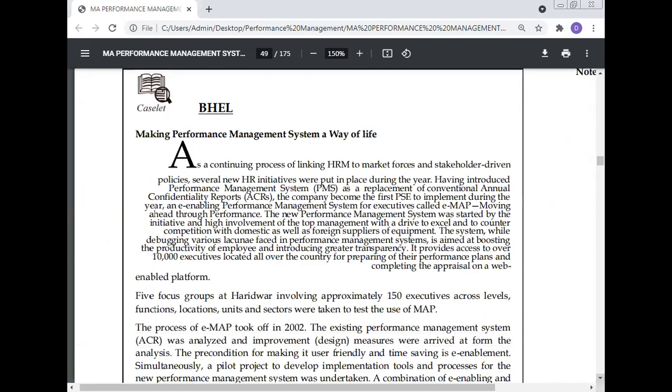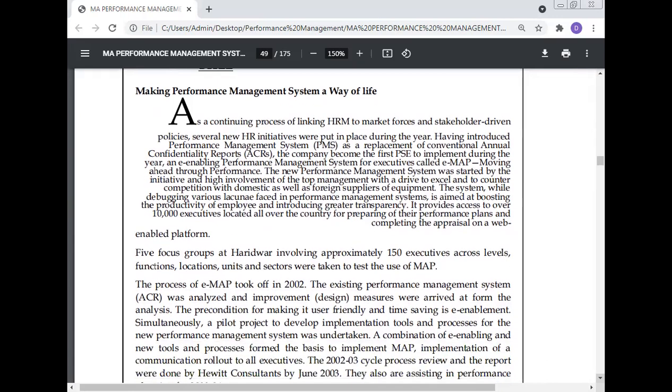Here, a case study of the BHEL Haridwar unit is considered, making the performance system a way of life, as a continuous process of linking HRM to the market forces and a stakeholder-driven policy.